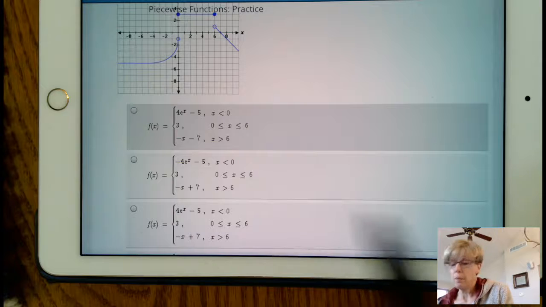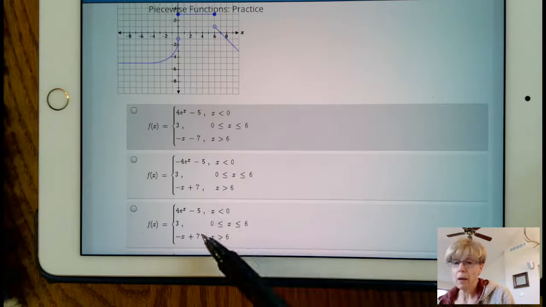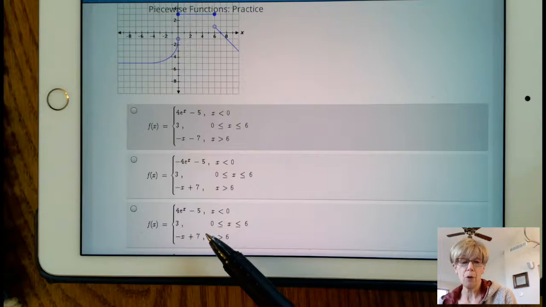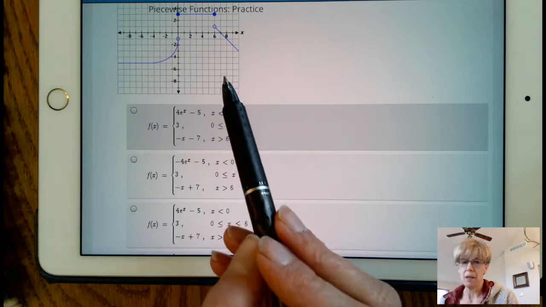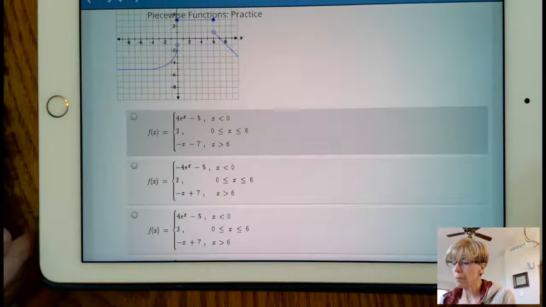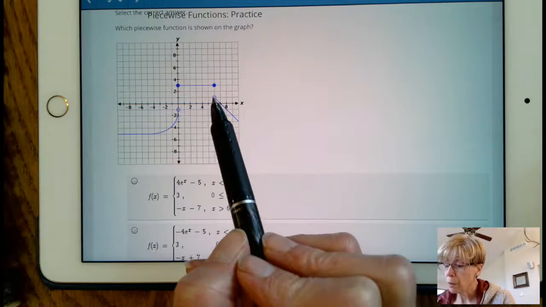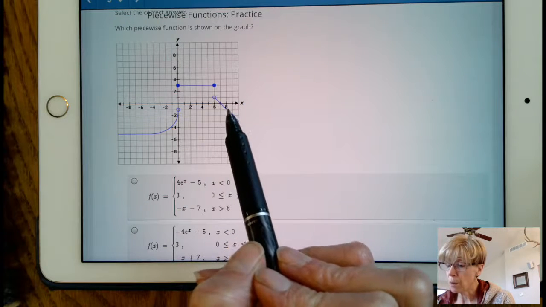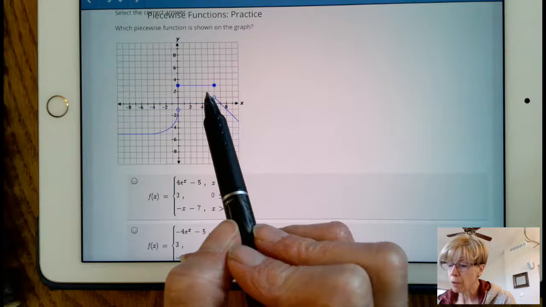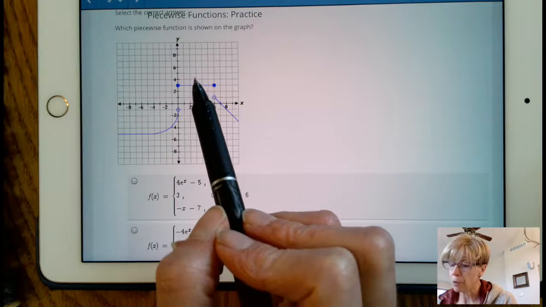So that's helpful. Can we eliminate any of the other ones here? Well, on these two choices we have plus 7 for our y-intercept. This one has negative 7 for the y-intercept. If we go back and look at this graph a little bit more closely, remember that down 1 to the right 1 is the same thing as up 1 to the left 1, up 1 to the left, up 1 to the left.